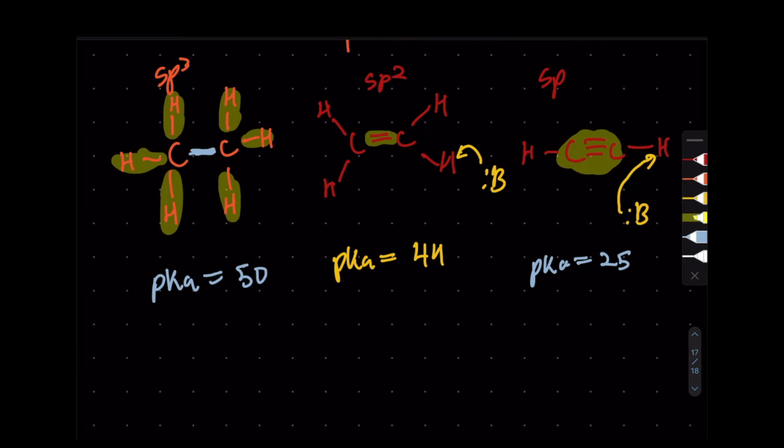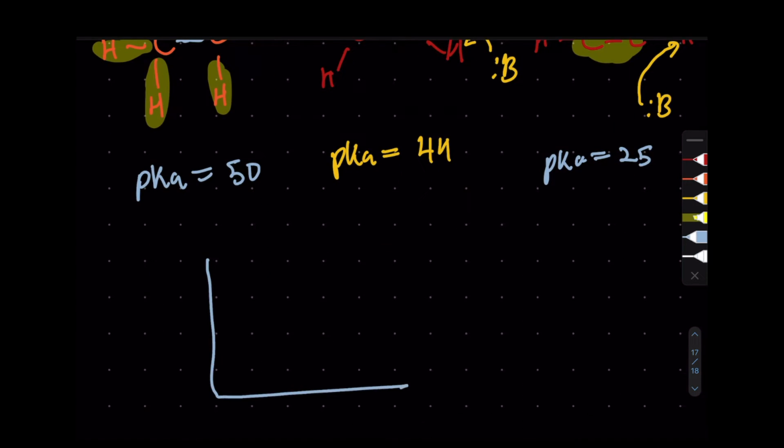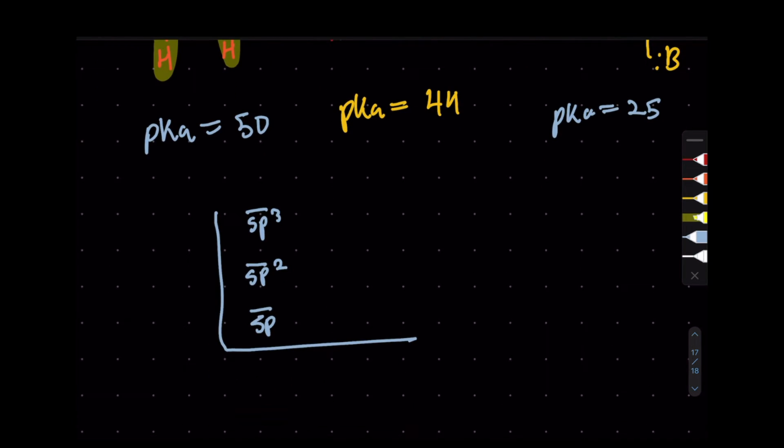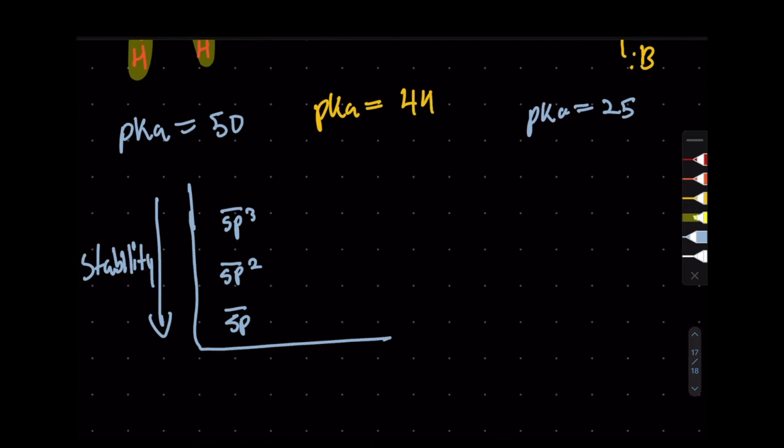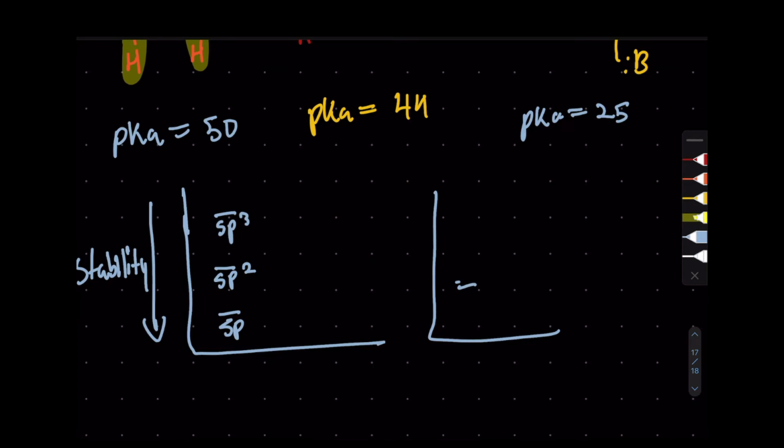And even through energy diagrams, we can observe that as p character increases, the energy is higher, meaning that stability is decreasing, because p orbitals are at a higher energy level.